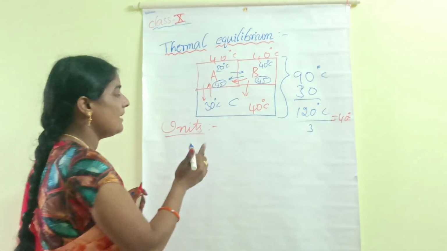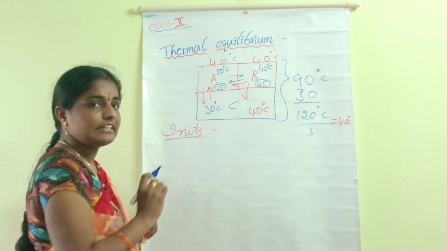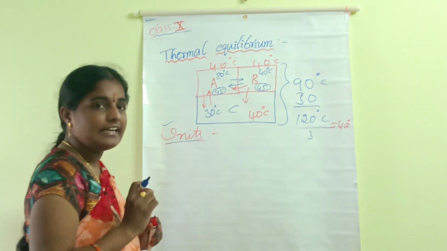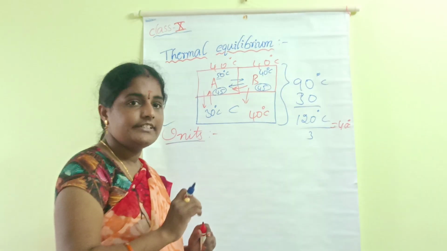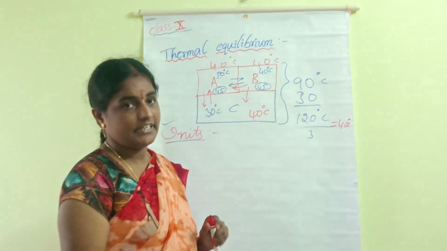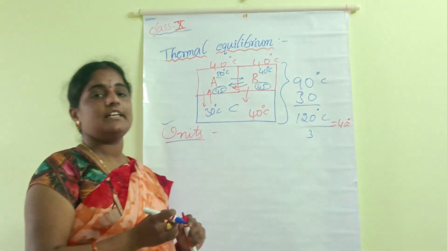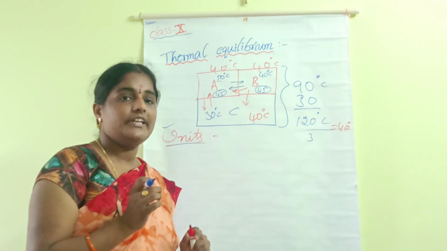So now coming to the concept of units of heat and temperature. What is the need of having a unit? A unit is a standard, which we learned about in 9th class also, that is used to measure any quantity. To measure any quantity, along with the number there is compulsory need of a unit.